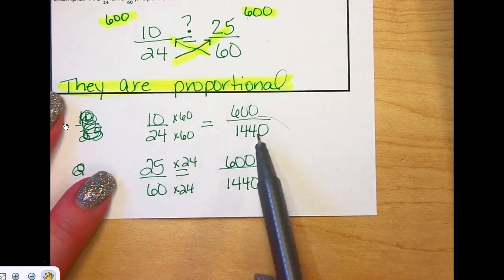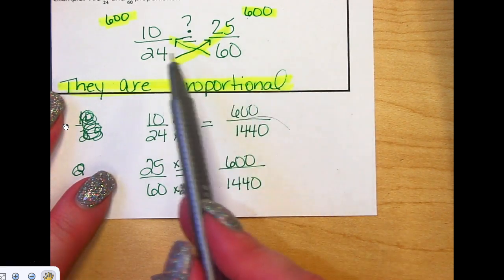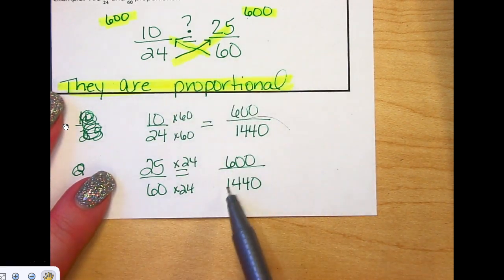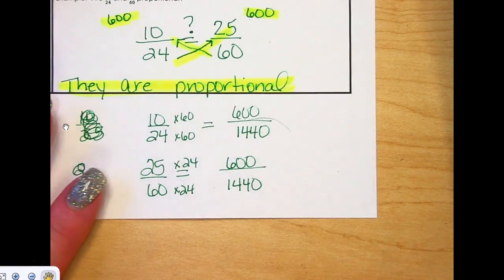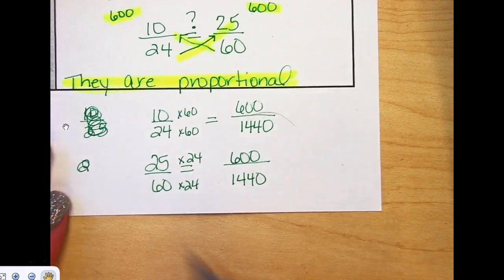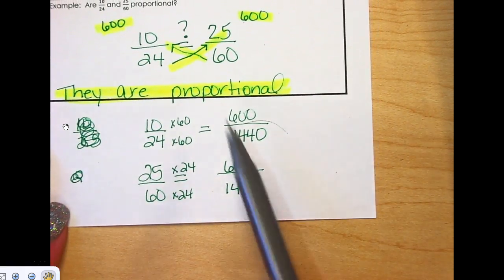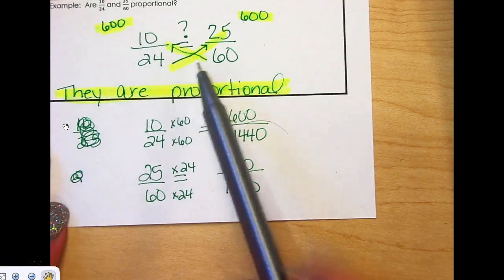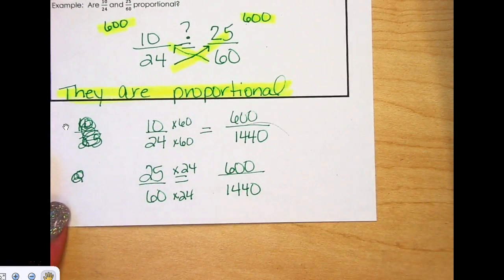So if I use the common denominator of 1440 for both of these fractions, then they're going to get the exact same numerator, 6 over 1440 and 6 over 1440. That's why those are the same, and that's why cross products work. Because really all you're doing is making an equivalent fraction using a common denominator.